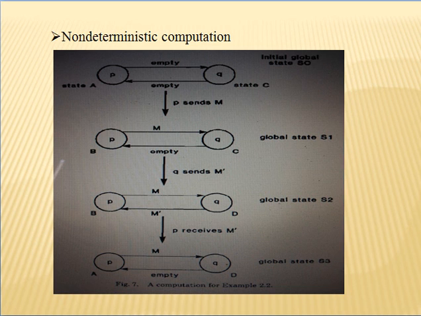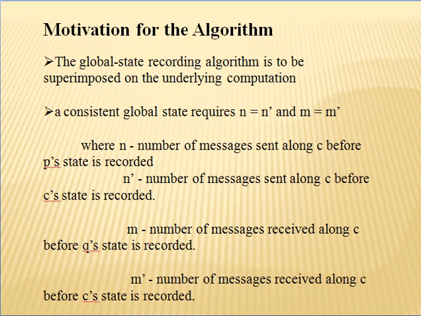In this permuted sequence, the first event is Q sends M dash and changes state to D, a pre-recording event. Then P sends M and changes state to B, a post-recording event. Then P receives M dash and changes state to J, a post-recording event.